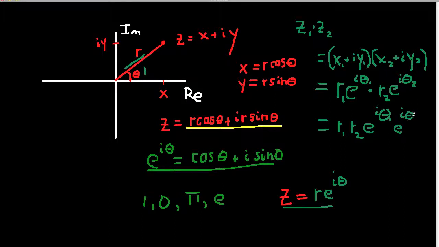Now, you should know that if you multiply two exponents like this, we write this as r1 times r2 times e to the i theta 1 plus i theta 2. We just add the exponents when we multiply.